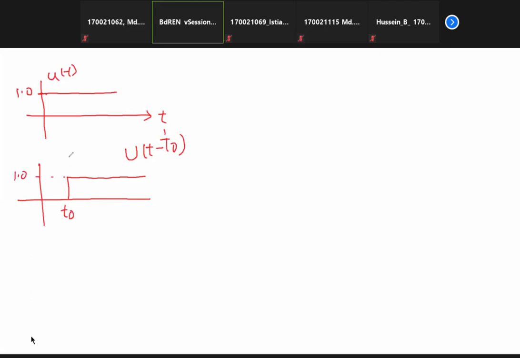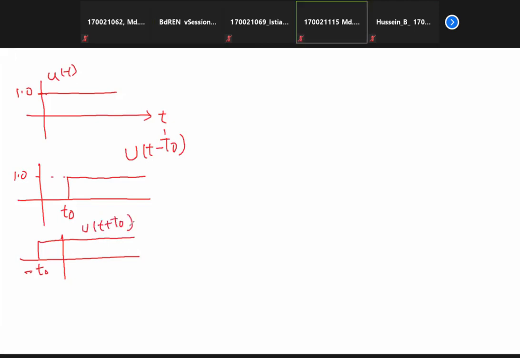Yes, sir. Now, if you are going in the other way, then it will be something like this. If it is minus t, then your function will be equal to u(t plus t0). Even you can flip it. If we flip it, it will go in this direction, then it will be equal to u(minus t). Then you can again shift it to the left or to the right depending on your need.